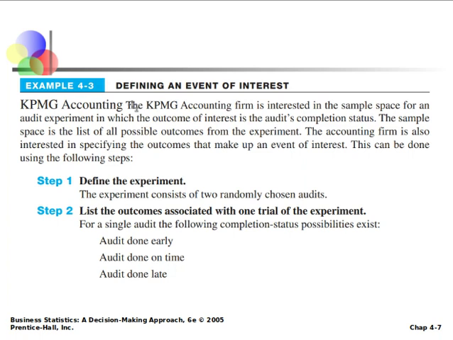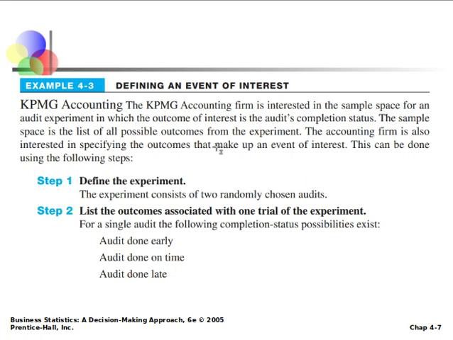The KPMG accounting firm is interested in the sample space for an audit experiment in which the outcome of interest is the audit's completion status. Remember, completion status. The sample space is the list of all possible outcomes from the experiment.